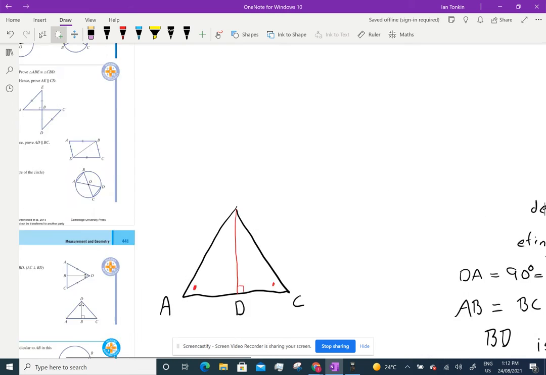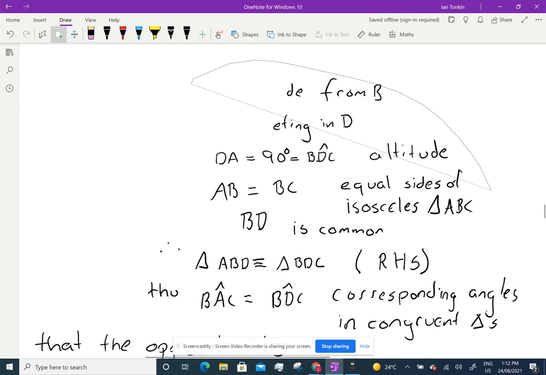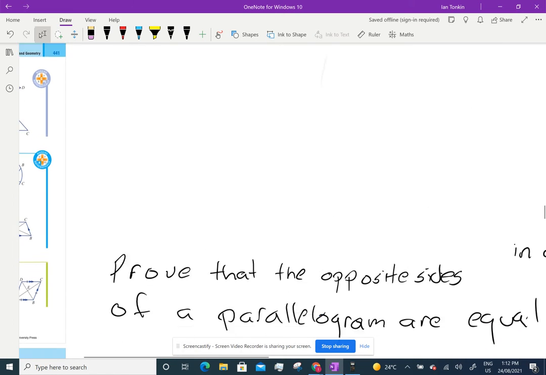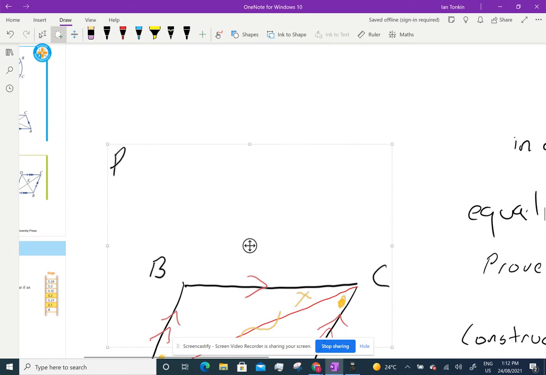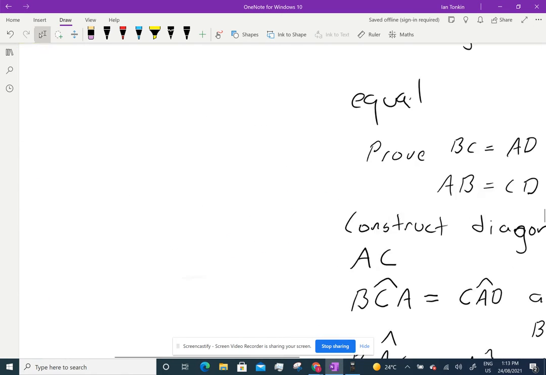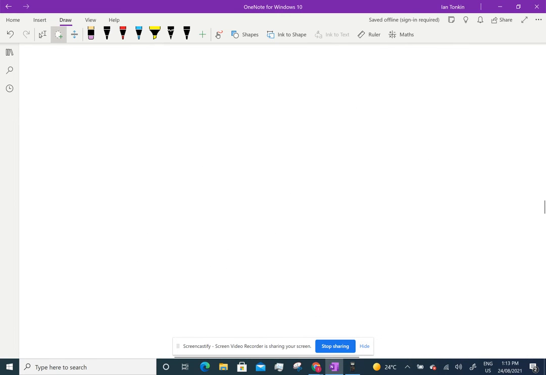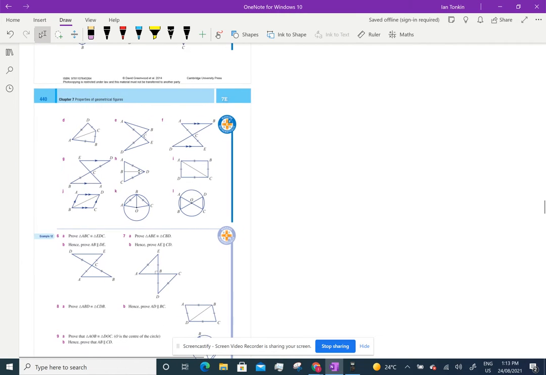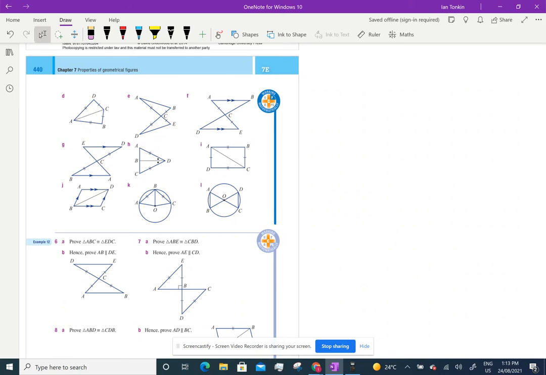So I'll just clear a bit of space. And righto, that should be enough. So the question 6. And this is where you've got to truly take your time. So really take a little bit of effort here.